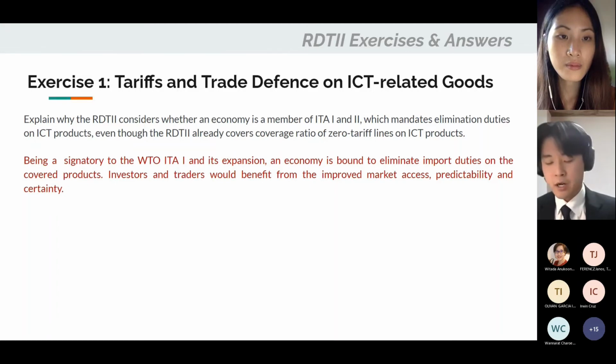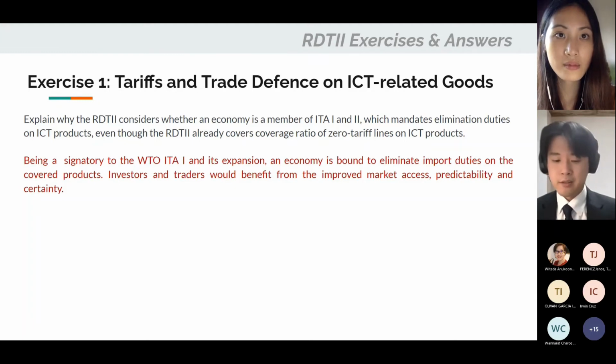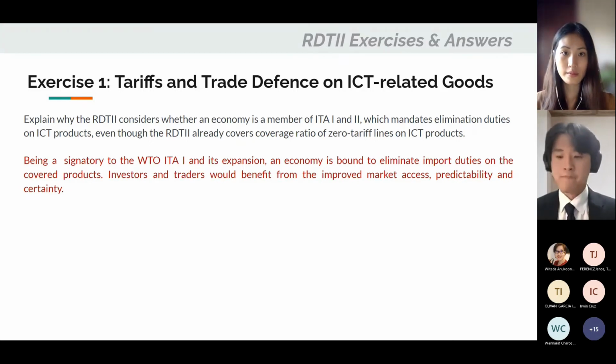You can think of an economy that is not a member of ITA, but does not impose tariffs on ICT products. But then that economy can start to impose tariffs on ICT products. That means there is less certainty and predictability in how the regulating economy will go about regulating ICT products at customs. So this is the answer.